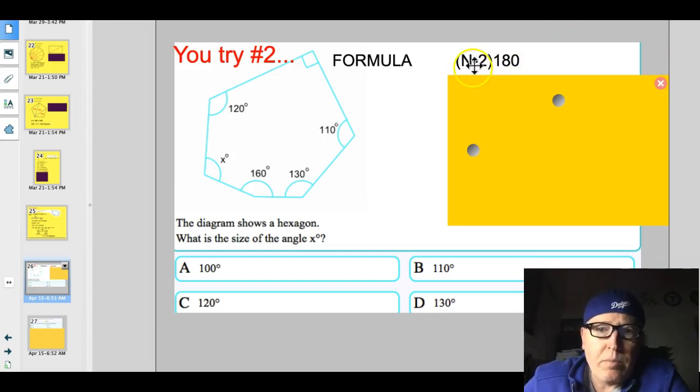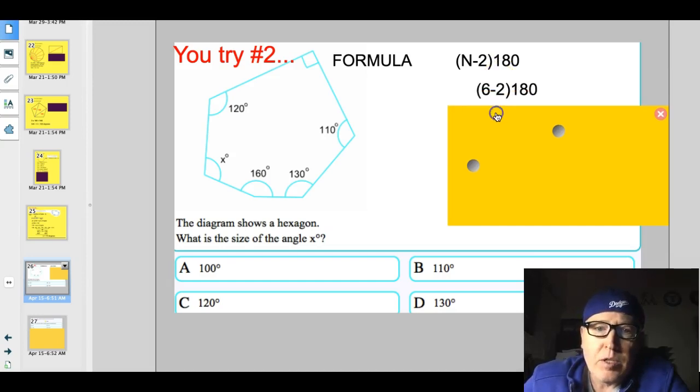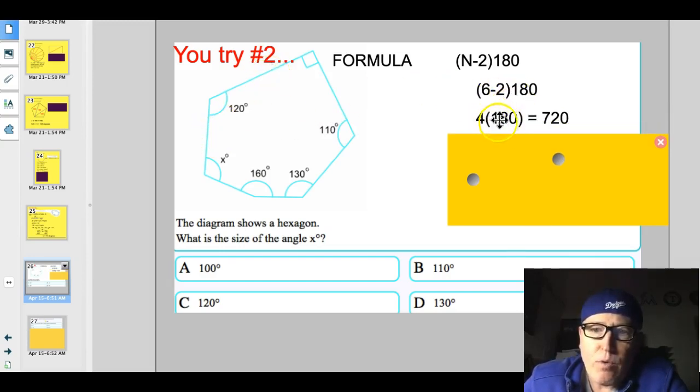Well, I used that formula, the number of sides minus 2 times 180, to determine the sum of the interior angles. So there's 6 sides again, 1, 2, 3, 4, 5, 6. I subtracted 2, and I multiplied that by 180. There's my 4 times the 180. So I got 720 again.